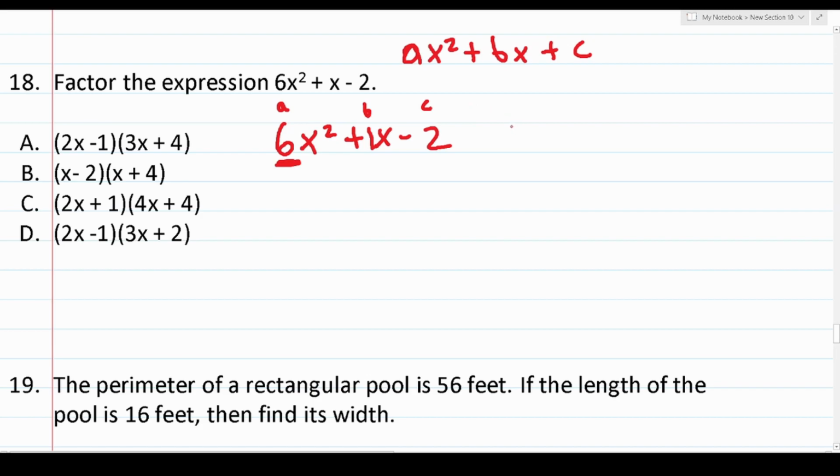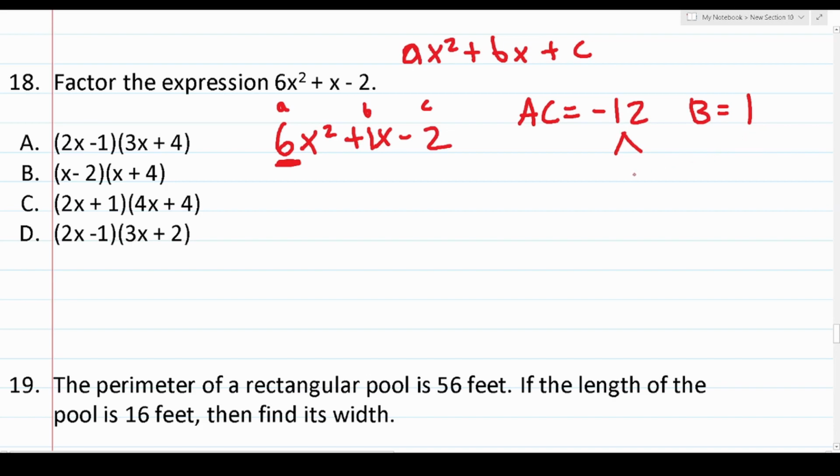The Australian method says take a and multiply it by c. So ac equals 6 times -2, which is -12. Identify your b. B in this case is just 1. And we want to look for two factors of ac that multiply to -12 but add to +1.